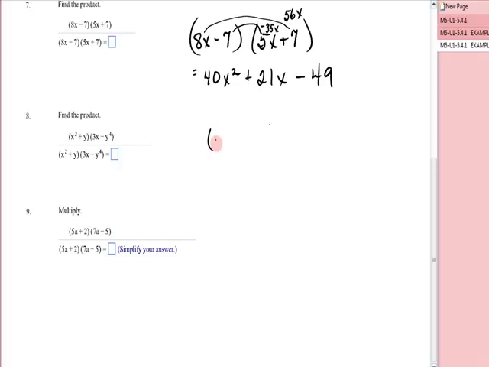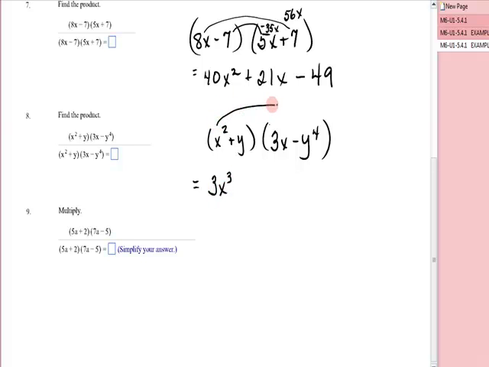Practicing FOIL. I have x squared plus y times 3x minus y to the fourth. Now, something I noticed right away, every problem I've done till now has been something with x plus a constant or something with x minus a constant for both binomials. These are very different. Let's see what happens. The product of the first is going to give me 3x to the third.